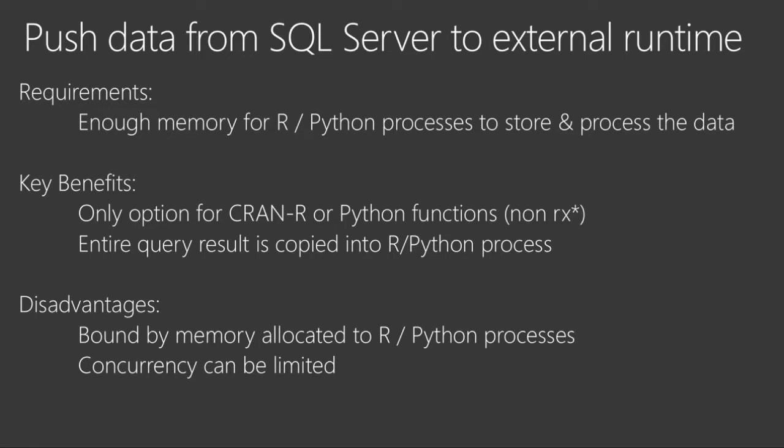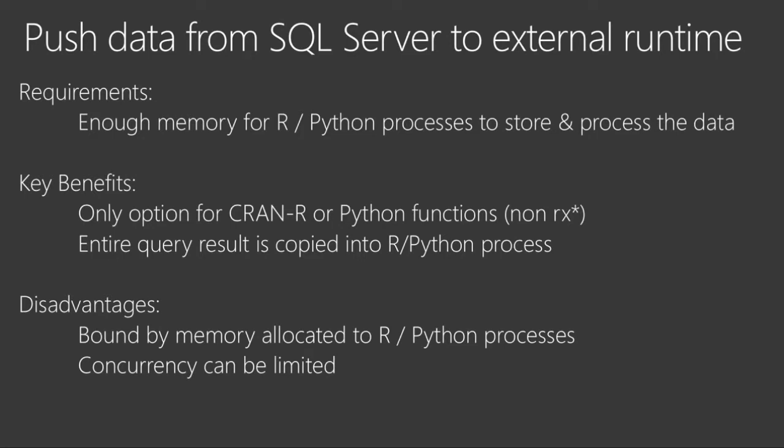It's obviously bound by memory. So if your data doesn't fit in memory, you will not be able to store or process it. And then we also have another disadvantage, which has to do with concurrency. Jussi, do you mind telling a little bit about why this limitation exists? Yeah.